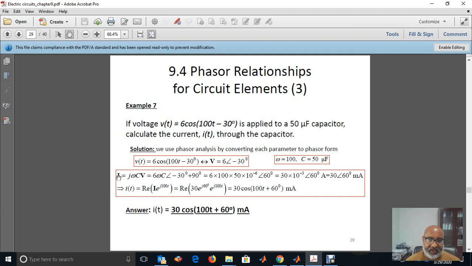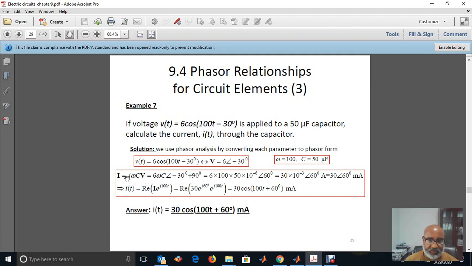So what is the current? I is j omega C times V. This is the relation between the current and the voltage across the capacitor. V is 6 at an angle of minus 30 degrees, times omega C, plus 90 degrees. Why?